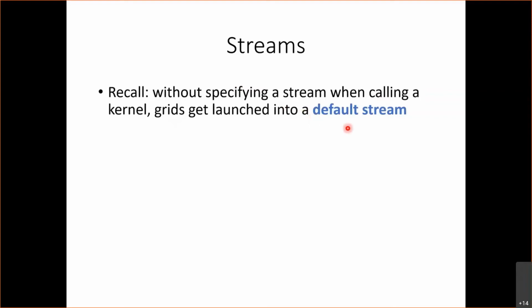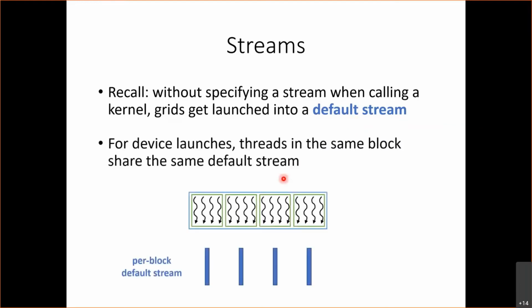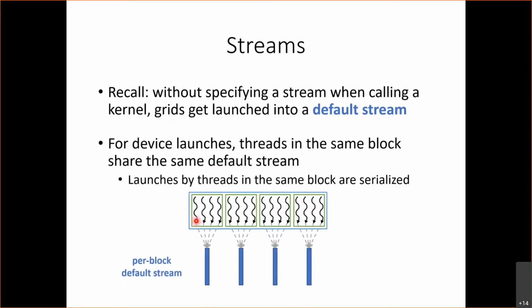On the CPU, all the CPU threads share the same default stream. On the GPU, we actually have a default stream for every thread block. So for device launches, threads in the same block all share the same default stream. So when every thread launches a grid, the threads in the same block all launch their grids into the same stream.